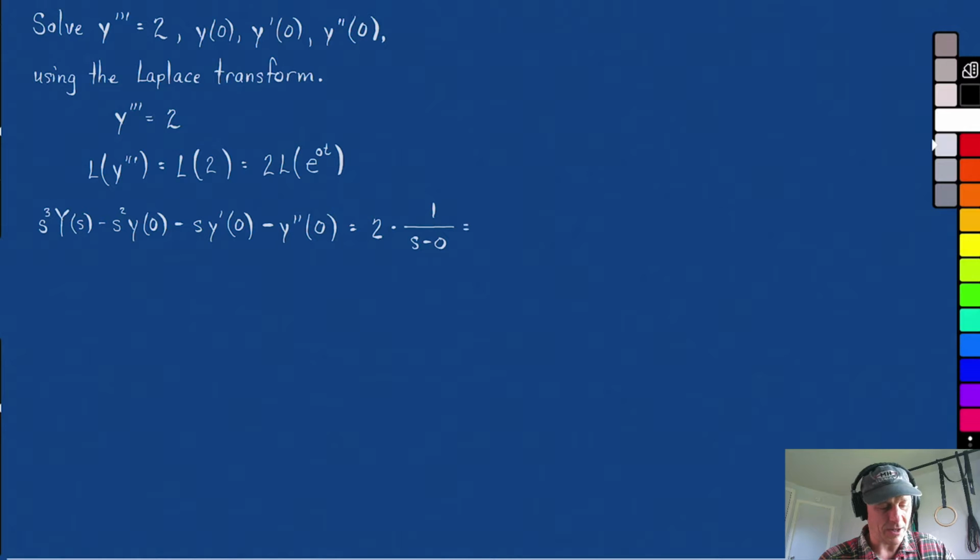We're just going to write that as 2 over s. And I'm going through that little extra because we're going to see it more as we go through this problem.